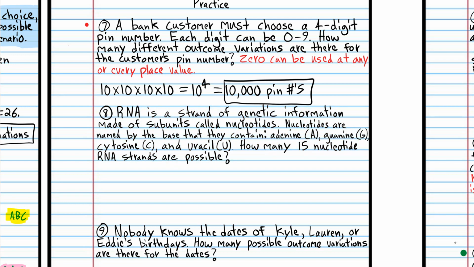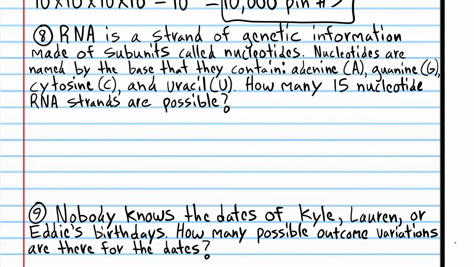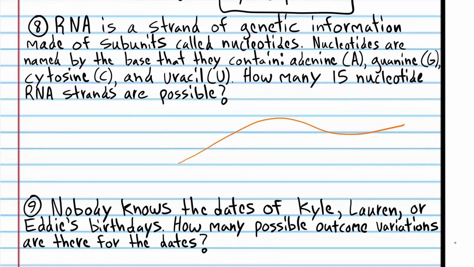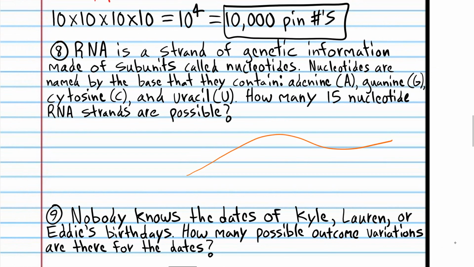Now this seems kind of complicated, so let me show you what this is talking about. So in our bodies we use RNA to express DNA, and we use letters in the study of genetics to notate the nucleotides. So we have A, C, U, and G. And G can be repeated, A can be repeated, U can be repeated.